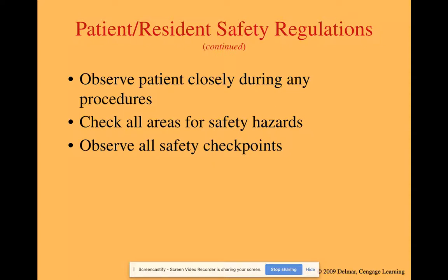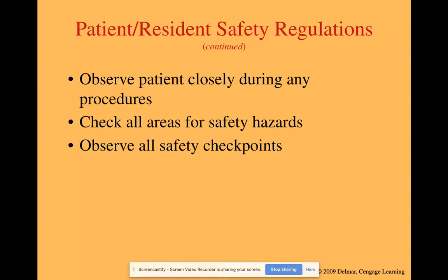If you're in EMS and you're out in the field, sometimes you have to recheck for safety hazards repeatedly because what if you're outside at a park and a stray dog comes up and is irritated or protective? Okay, so sometimes you always have to reassess for safety hazards.